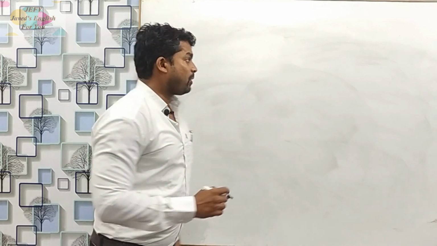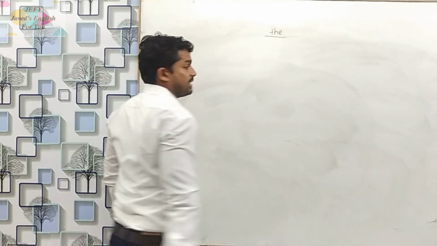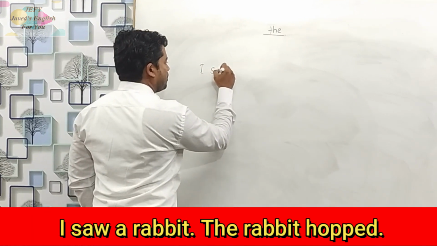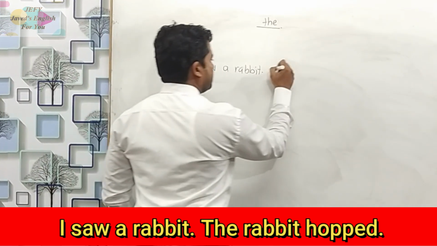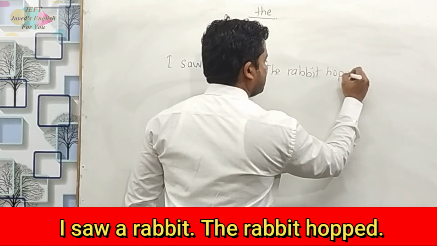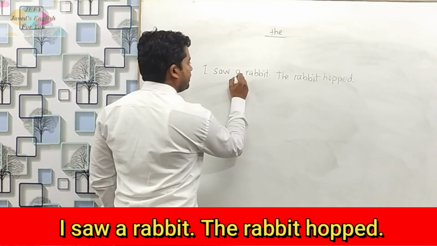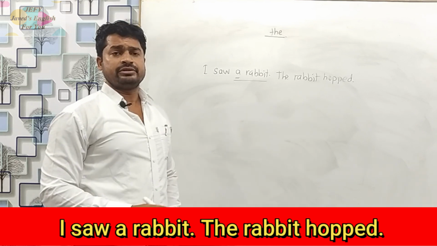The next stage is learning about when we can use the article the. So look at this example. I saw a rabbit, the rabbit hopped. I have used a rabbit because I am defining something for the first time.